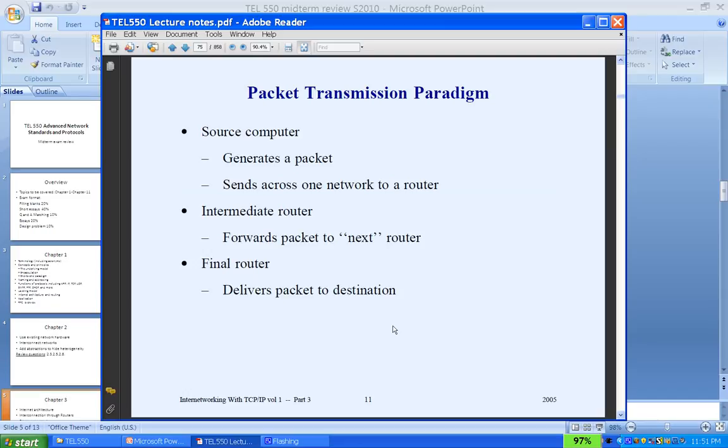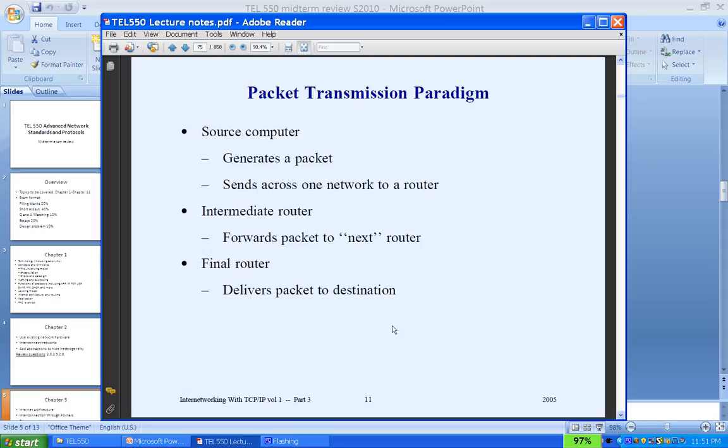And we understand that over the Internet, all the data or messages are transmitted in the format of packets. The packets are forwarded by routers, and each router delivers the packets to the next hop along the path.